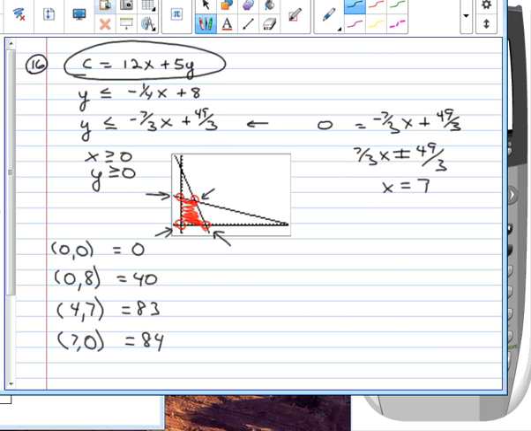Are those the right numbers? Maximizing, is that what they wanted? Make sure you solve a linear programming problem. Maximize C equals objective 2. There it is. And now they say C equals 84 at 7, 0.